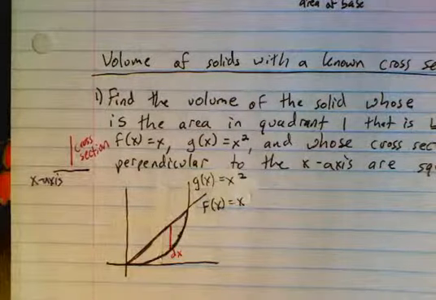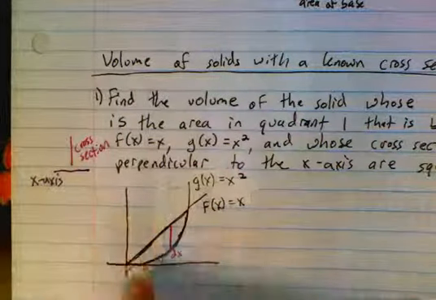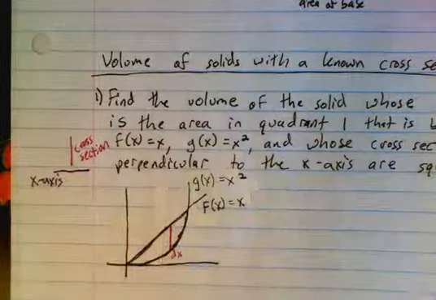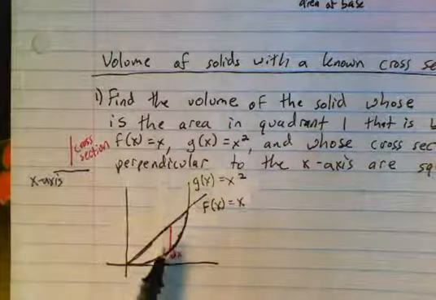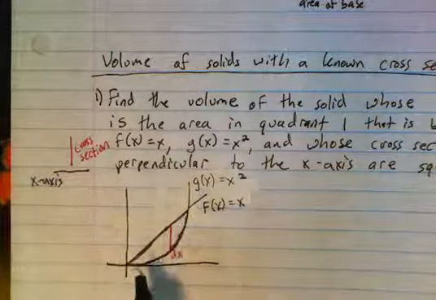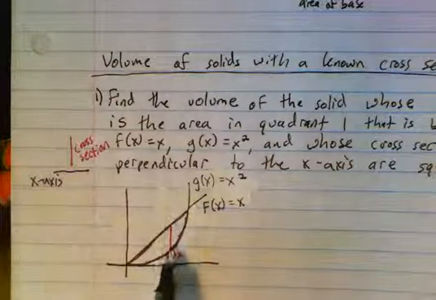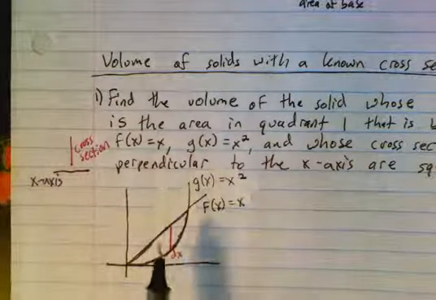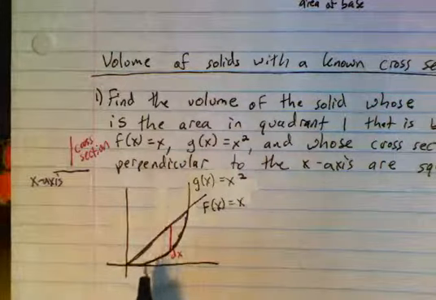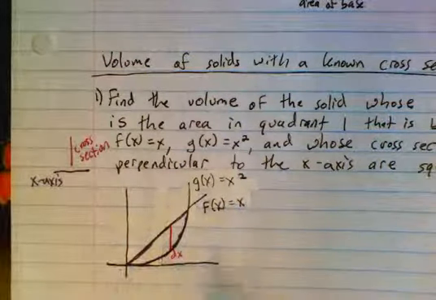What's different is that we're going to take this area and draw cross sections coming up from it. Instead of a rectangle where we find a two-dimensional area, we have infinitely thin little prisms, and we're going to find the volume of each infinitely thin piece. Then we're going to add up all the volumes, just like we added up areas earlier.